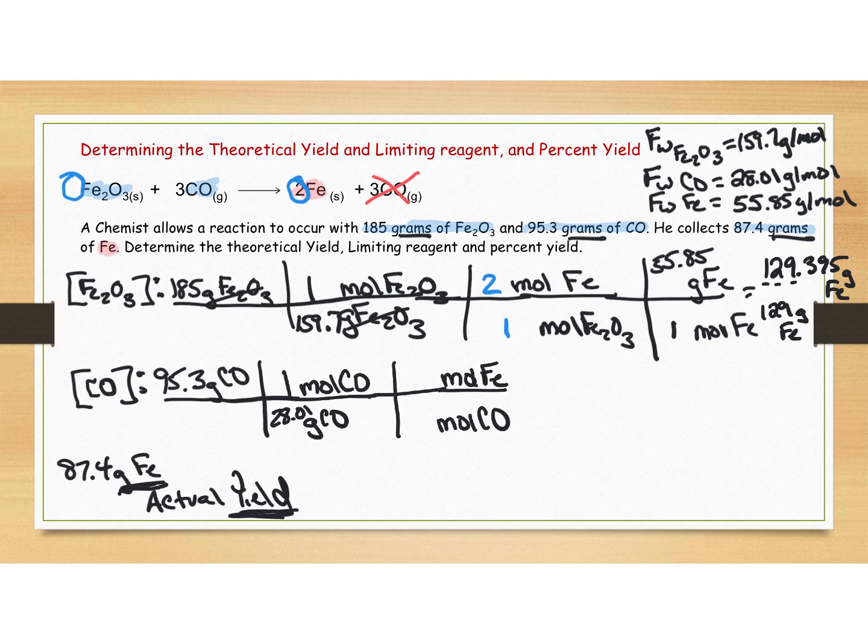Well, the actual yield was given in grams of iron, so that's why I've chosen that one. I then have to look at the number in front of the CO, which is a 3. The number in front of the iron is a 2, so that's my mole ratio. For every 3 moles of carbon monoxide, I can generate 2 moles of iron.